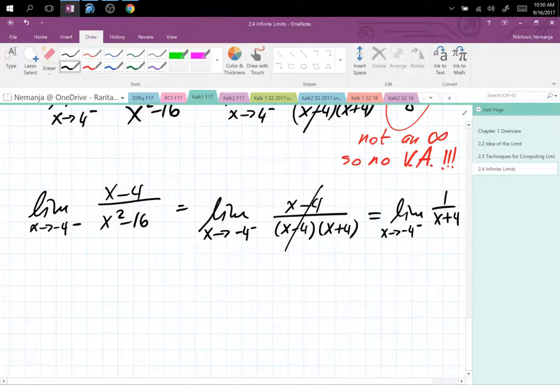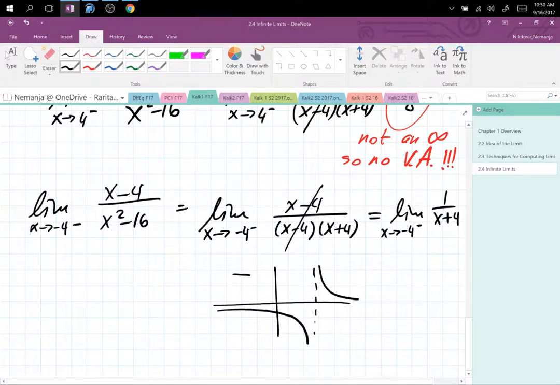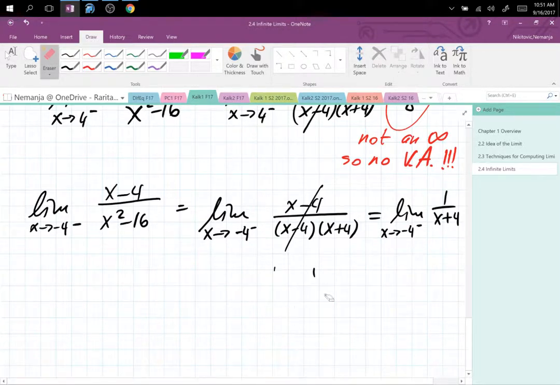It's plus 4 directly on x, which means it shifts to the left 4 units. So the graph for this is going to look exactly like 1 over x, except it's shifted to the left, and it goes through negative 4. Now, first of all, on the graph you see there is a vertical asymptote. Sorry, shifted to the left. Guys, pay attention.